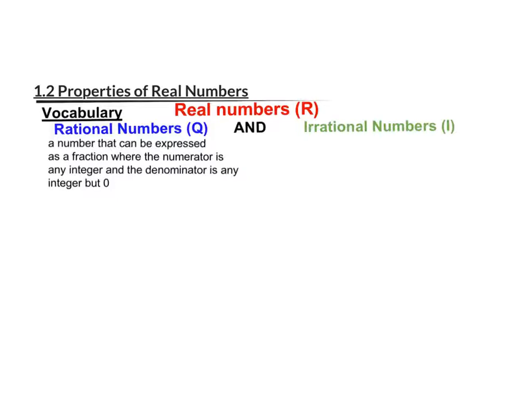An integer is a positive or negative number without fractions or decimals. And the denominator is any integer but 0. So if you can take a decimal or a number and rewrite it as a fraction with integers as the numerator or the denominator, it is rational.